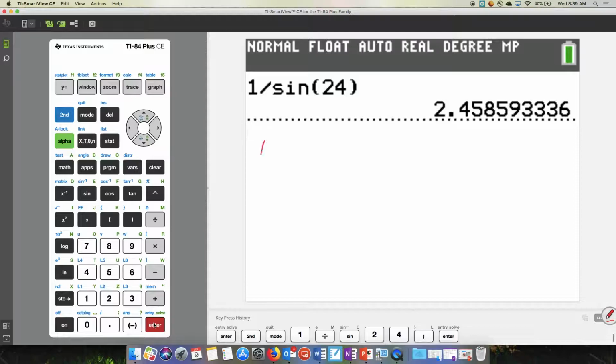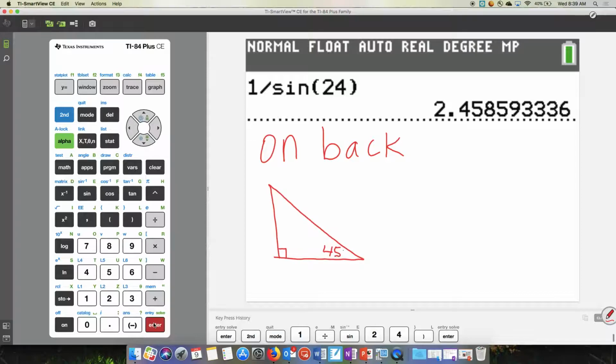On the back, I would like you to fill out our 2 special right triangles. 45, 45, 90. And 30, 60, 90.